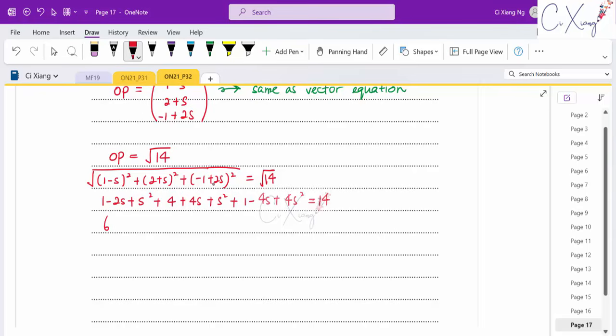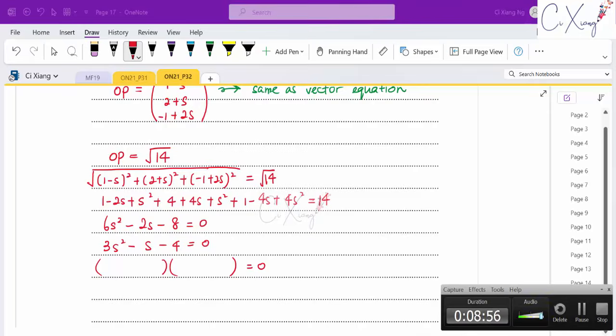Now I want to simplify everything on the left hand side. So I have 6s squared, then minus 2s, then minus 8 equals 0. I will get a quadratic equation in terms of s. Then I can further simplify it and solve to get the value for s.